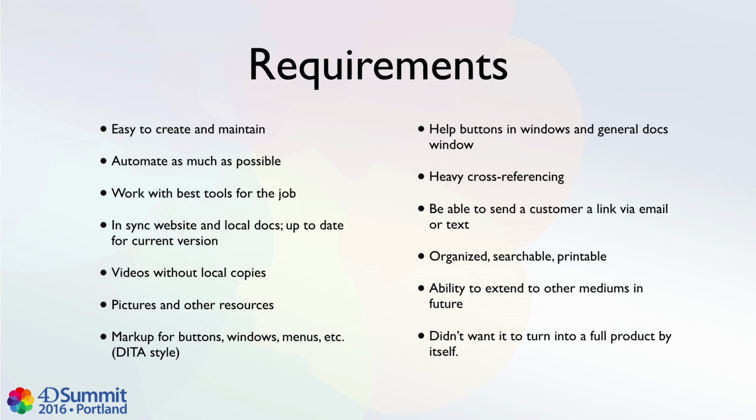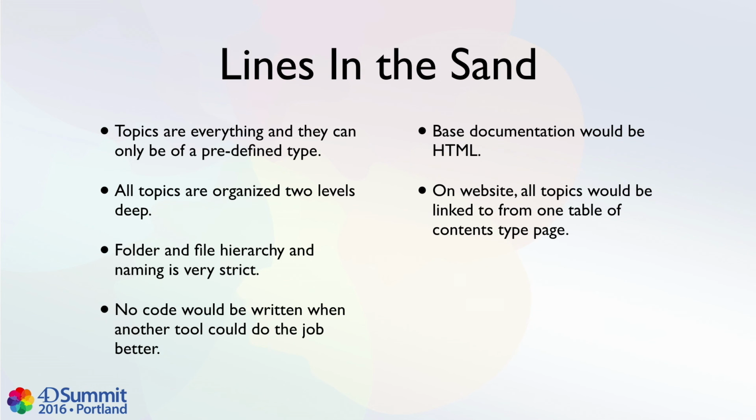And so I thought, well, what would happen if I drew some lines in the sand? Can I draw some lines in the sand to say I'm not willing to go past a certain point? If it breaks 10 years down the road or even 2 years down the road, I'll deal with it then, but what can I do to keep it simple enough to make this possible? So this is what I ended up with as lines in the sand.